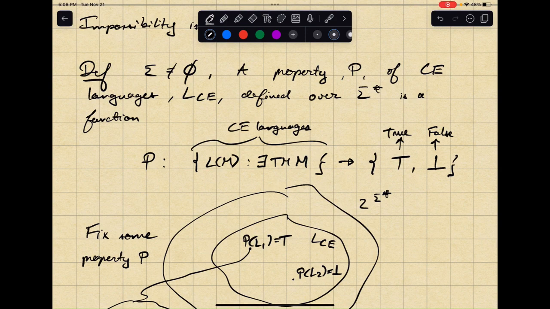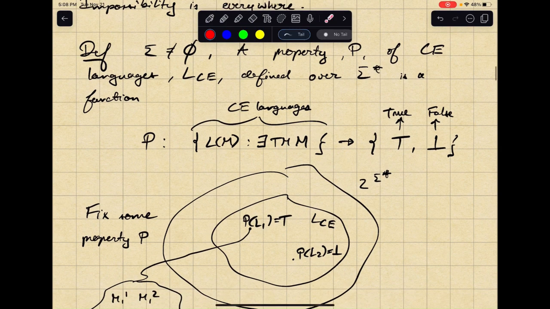In properties of CE languages, I was given some language, which was CE, and P mapped that language to either true or false, meaning that that language either did or didn't satisfy or have this property, okay? And this was a function. This mapping was a function, right? So given some language, P would map to one and only one value, either true or false, right?